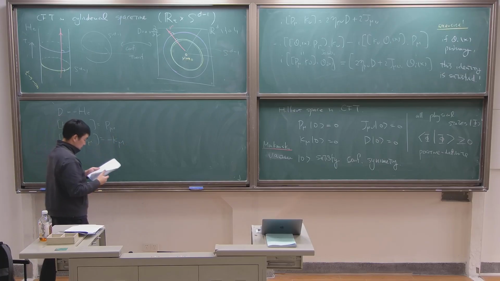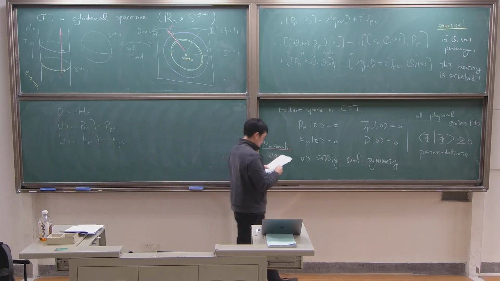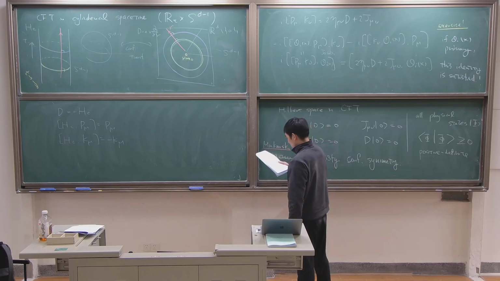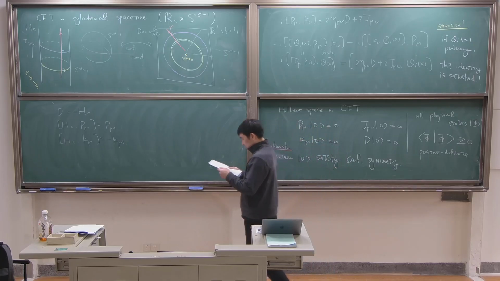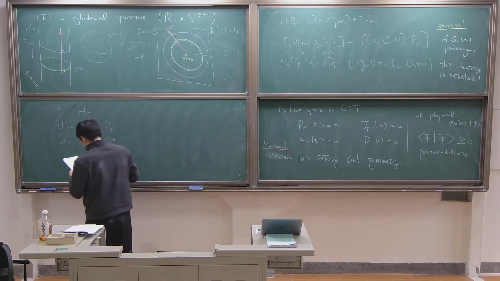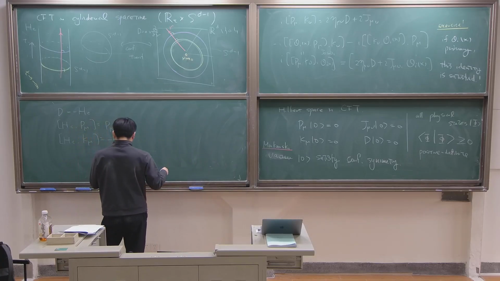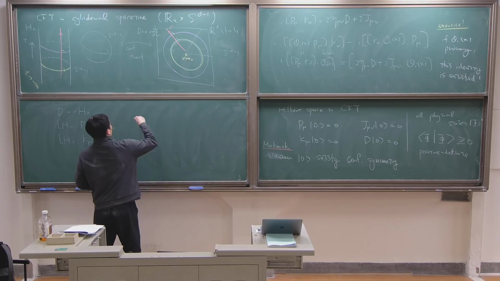Okay. So that's what's happening in here. And also K mu annihilates the primary state, and P mu creates a descendant state. That's as before.